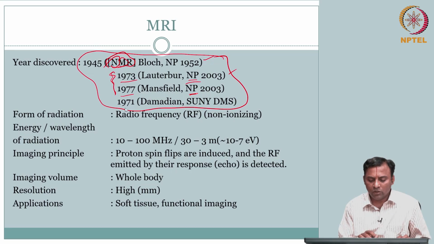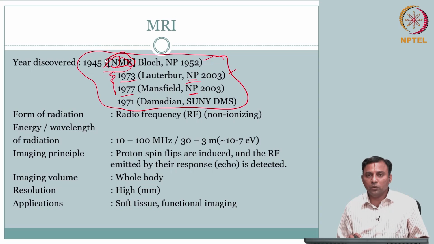Of course, there was also work from Damadian, which was contemporary, who had also done a lot of work in demonstrating that you could exploit the nuclear magnetic resonance principle for medical imaging purposes.